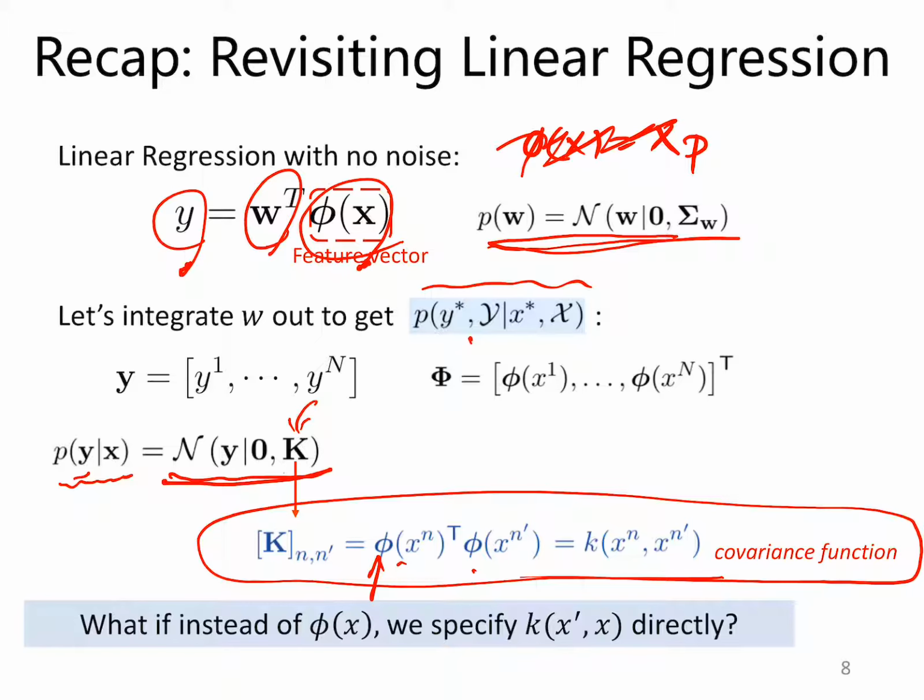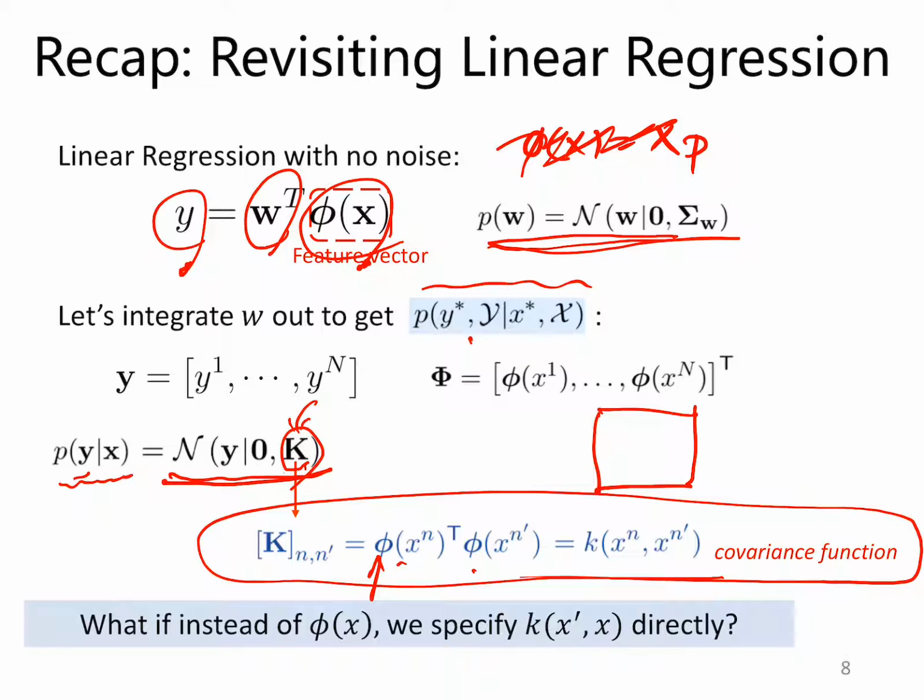Do I need the exact form of phi? All I need is some sort of kernel, a matrix that is number of samples by number of samples. I don't need the phi's exactly. That was the idea behind this covariance function that I'm going to discuss today in more detail.